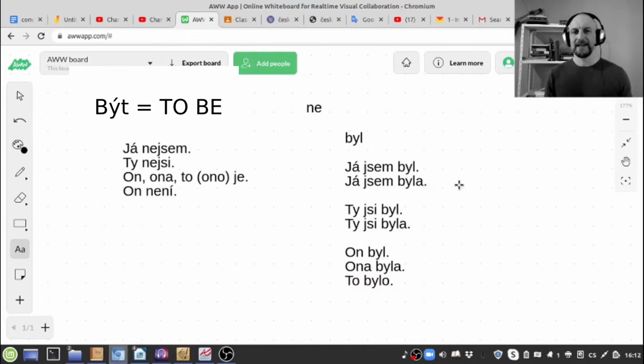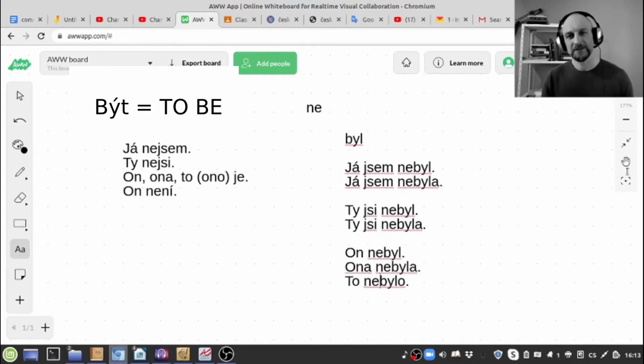Making it negative is again quite easy, because what you need again is the negative element, and you just add it this time to the past participle, and you say já jsem nebyl or nebyla, ty jsi nebyl or ty jsi nebyla, and of course on nebyl, ona nebyla, and to nebylo.